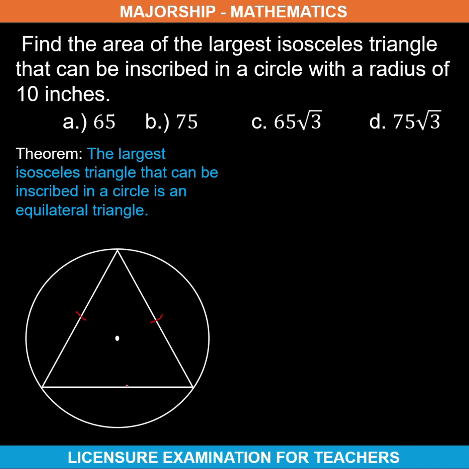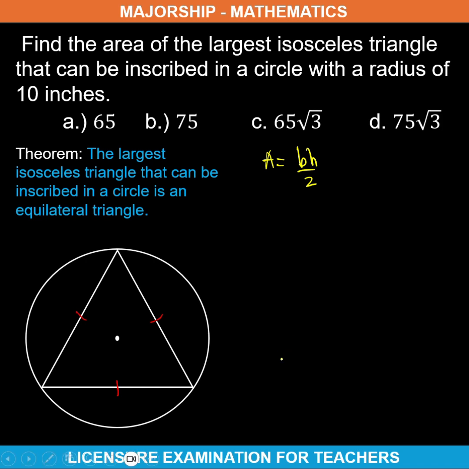So equal itong lahat ng side nitong triangle. And of course, para ma-solve yung area ng triangle, gagamitin natin yung formula for the area, which is base times height over 2.